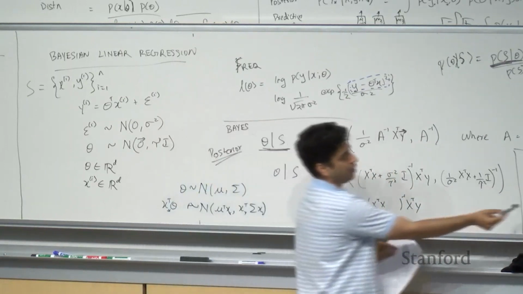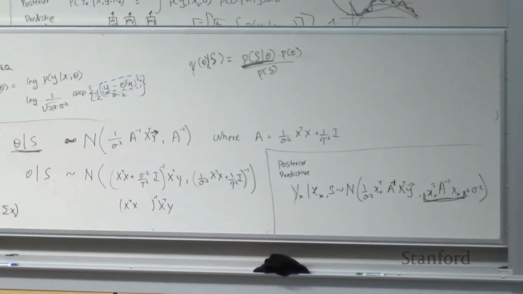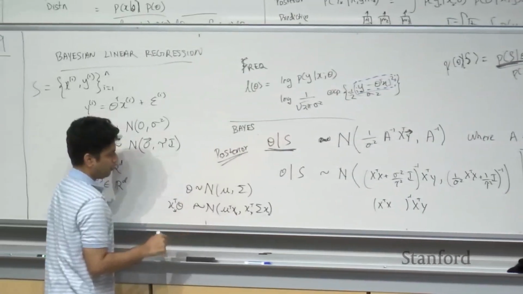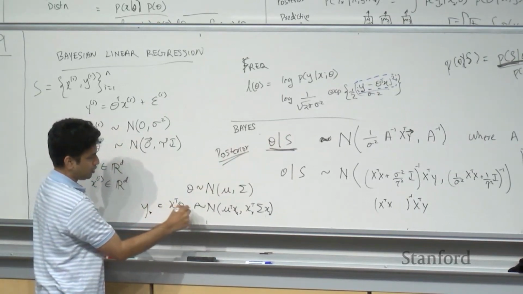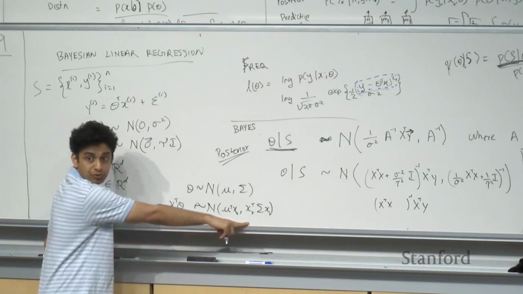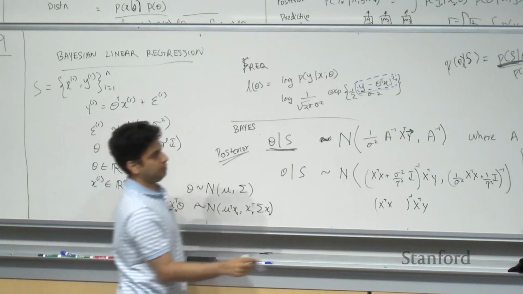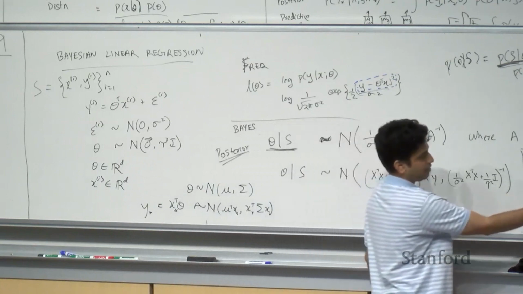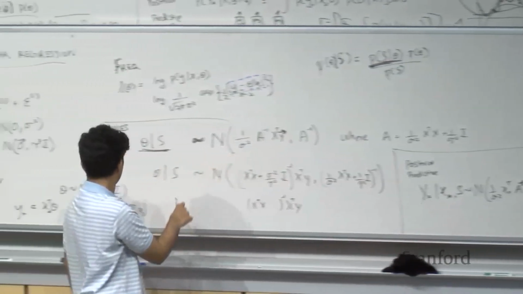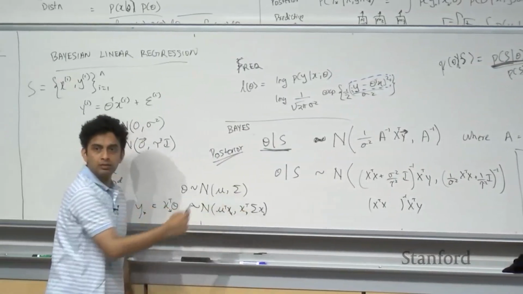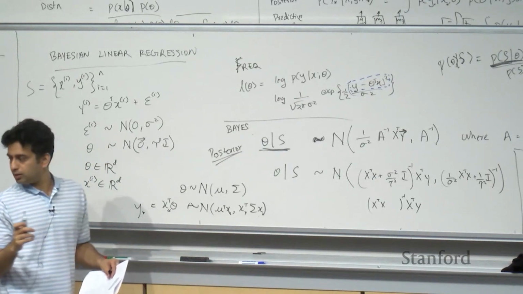So we have the extra S. So if theta has this distribution, then y star is equal to this. Theta transpose x will have this distribution. Right. So y star given x star and S is basically the posterior transformed in this way. Good question. Is this clear?